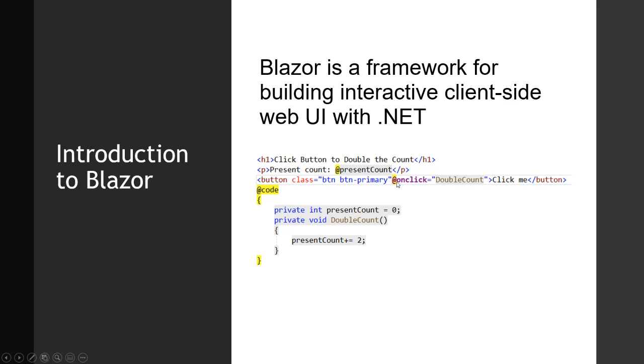Those of you who may be familiar with the Razor language will recognize this @ symbol. Whenever it is @onclick like this, it means that this is C# code, and there is a distinct section, @code. This block belongs to pure C# code. So you can write C# code and the HTML markup in the same file.